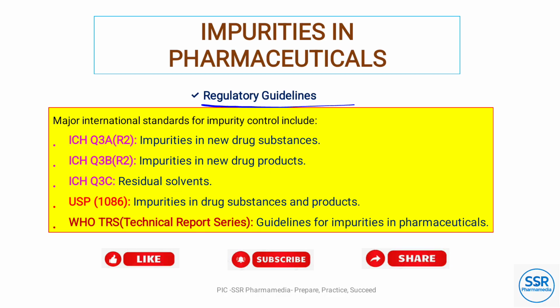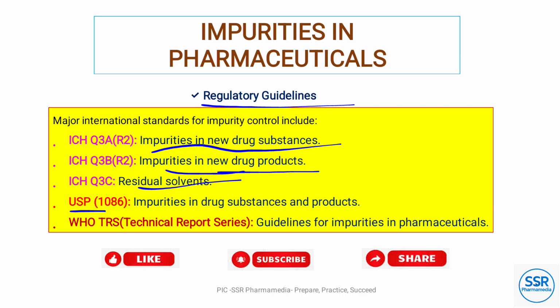Major international standards for impurity control include ICH guidelines: Q3A R2, impurities in new drug substances; ICH Q3B R2, impurities in new drug products; ICH Q3C, residual solvents; and one more that I missed, ICH Q3D, the elemental impurities.